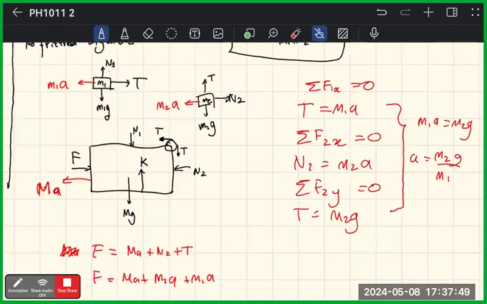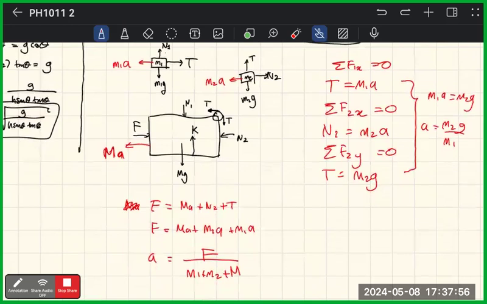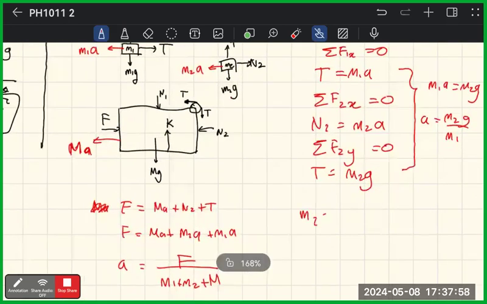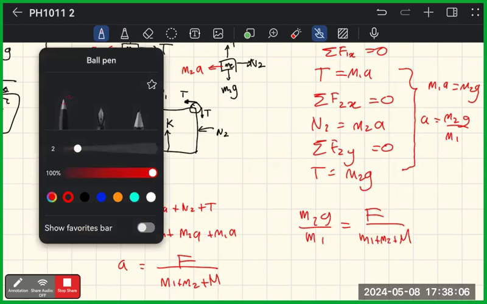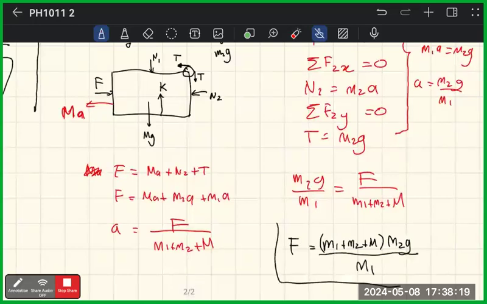Then you equate this A with the other equation and you'll get the F. So m2g over m1 equals F over m1 plus m2 plus big M. So you'll have F equals m1 plus m2 plus M times m2g over m1. It's done.